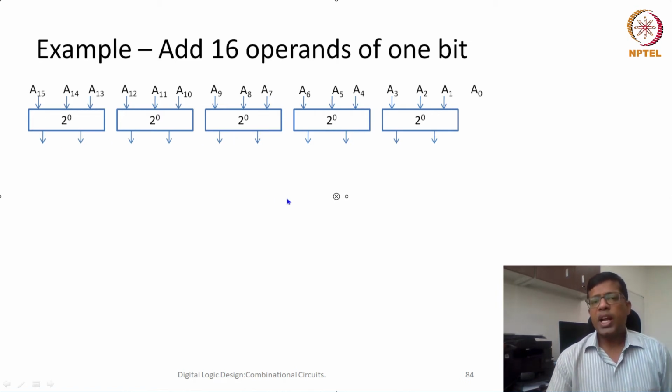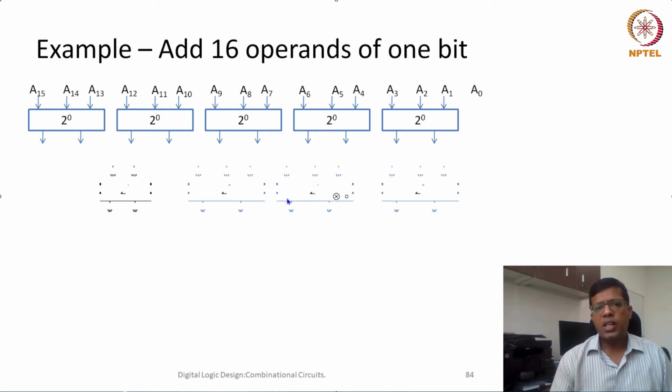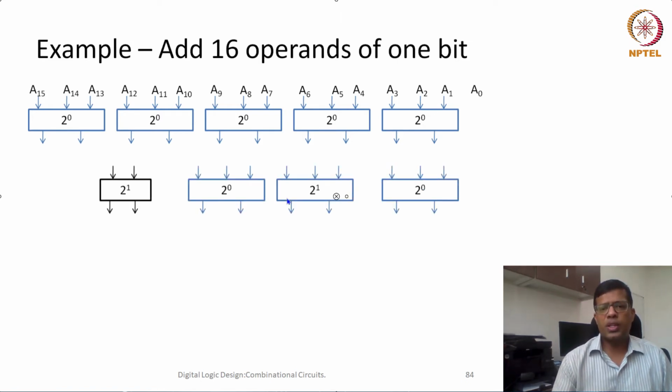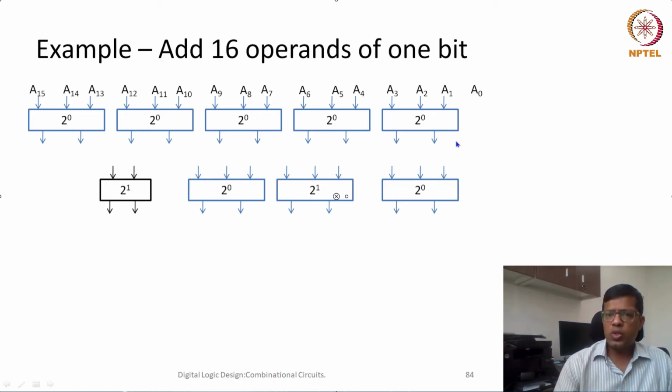So now to add further, we can have another set of full adders, and one half adder will also be required. So what we will do is add all the values which are at 2's power 0 place, and similarly we will also add all the values which are at 2's power 1 place.